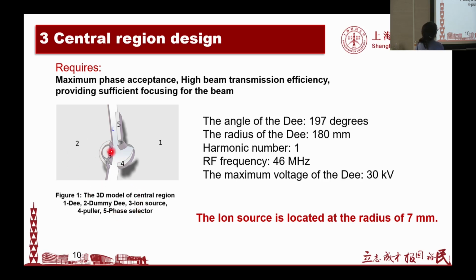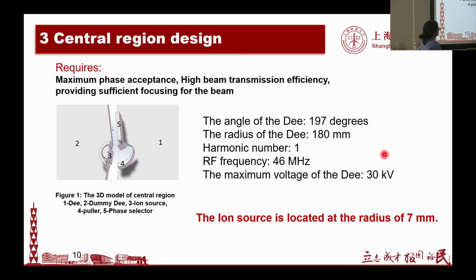This is the ion source and puller and phase selector. The dee angle is 197 degrees, with a radius of 180 millimeter. We accelerate the particles using the first harmonic number RF frequency of 46 MHz.